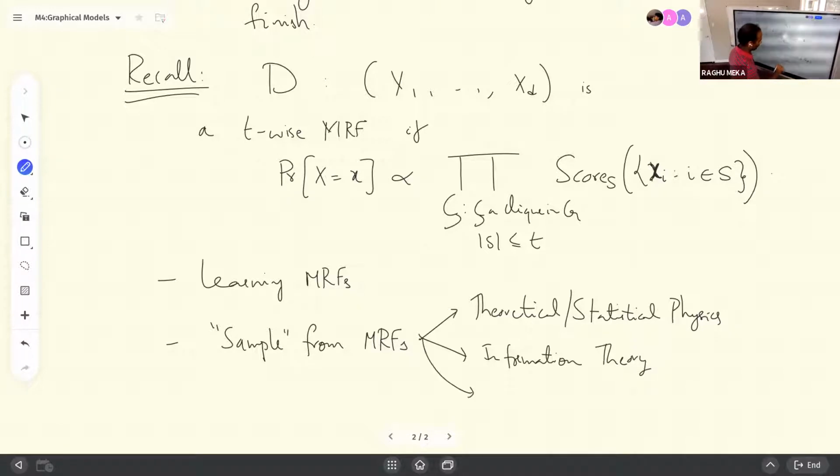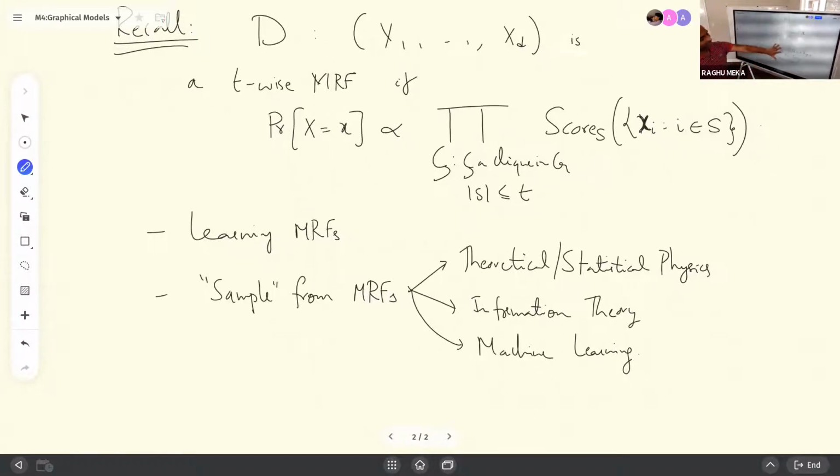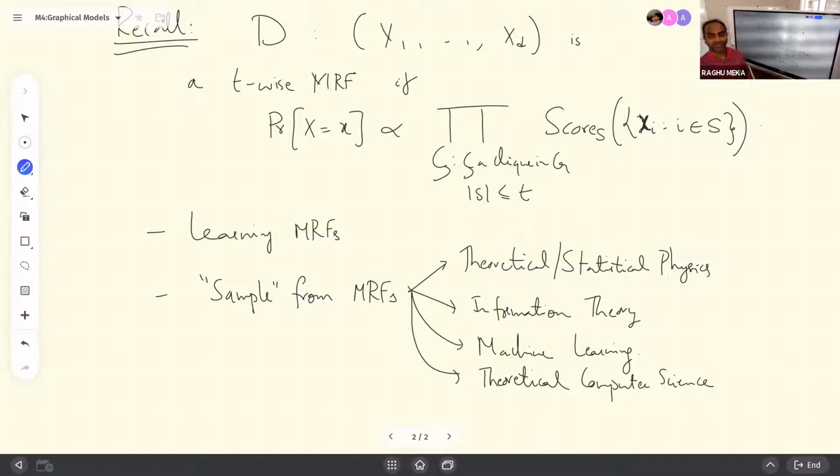And in machine learning. So somehow, all three of these, and also of course, in theoretical computer science. So Markov random fields show up in all of these areas.